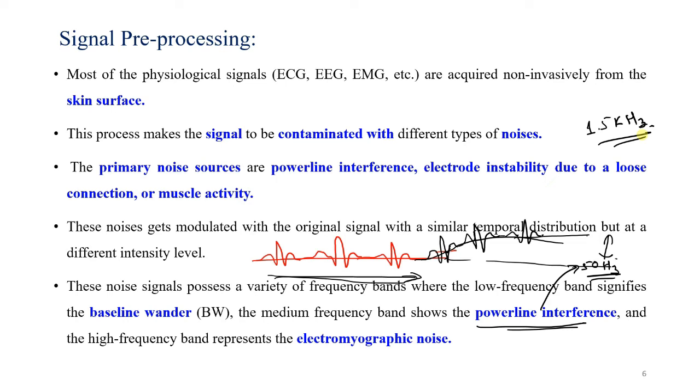So they are continuously working, and the EMG signals have a frequency component which is more than 1 kilohertz, and it may extend up to 4 or 5 kilohertz. So if you have signal components in the high frequency domain, then you can blindly say that the signal is corrupted with the EMG noise.